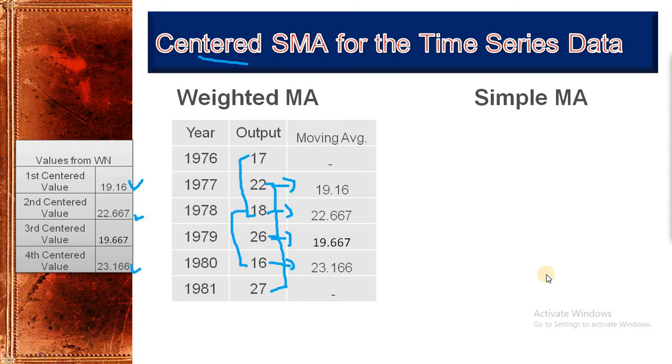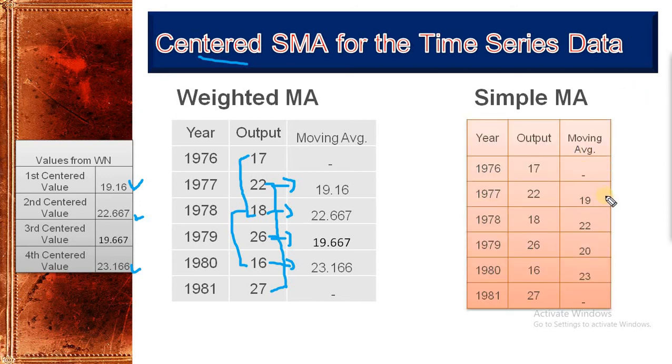Now let us compare this result with the simple moving average method, where we have given equal weight to all observations. This is the result we obtained. Here we got 19.16, here we got 19, and 22.667, here 22, and the third value 19.667, here the third value is 20, and the fourth value 23.166, and here the fourth value is 23.